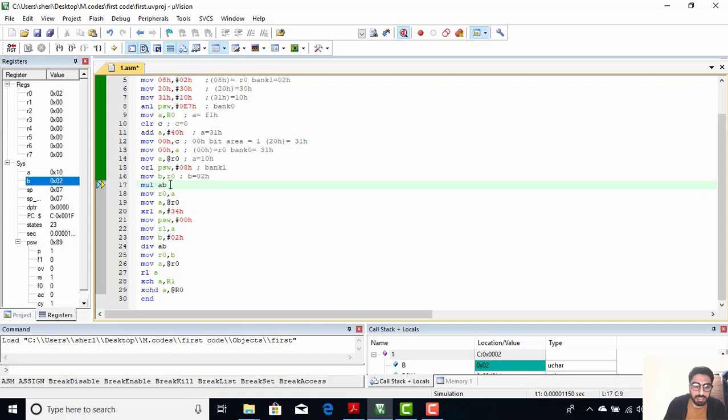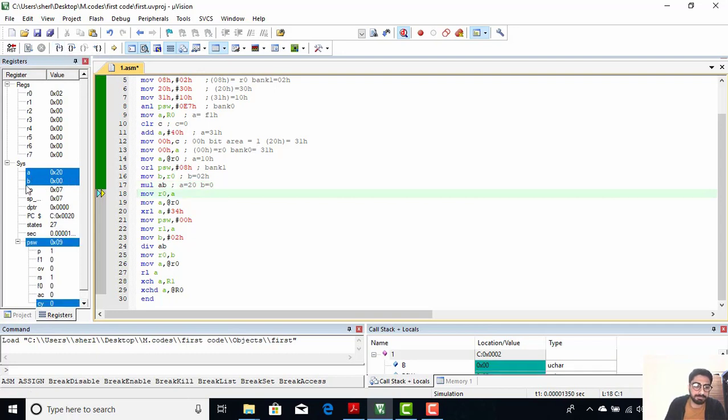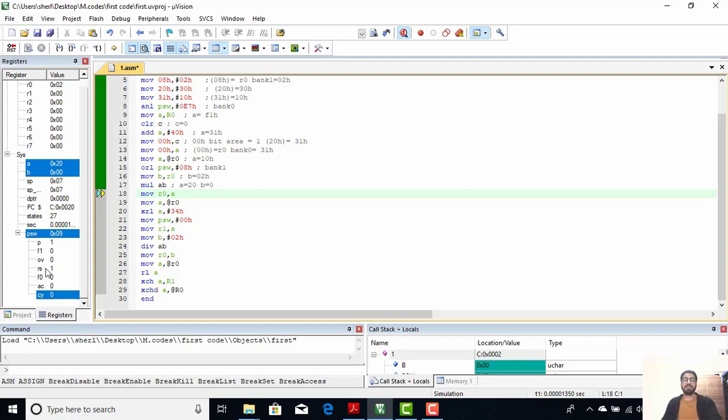Now we are multiplying A and B. Since we are multiplying, the integer number can go to A. Now it's 20, and B is going to equal 0. Let's test it. Yes, the value of A is 20, and the value of B is 0, and the parity is 1, and the carry is 0, and RS is 1.